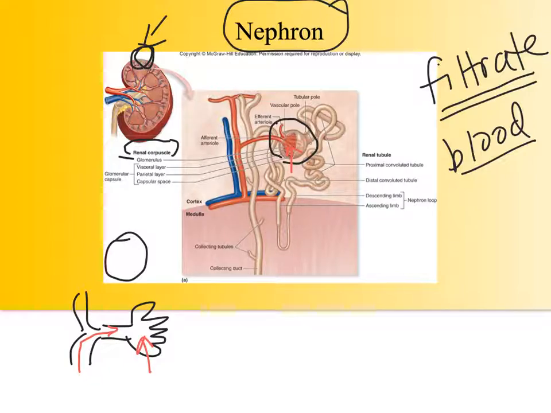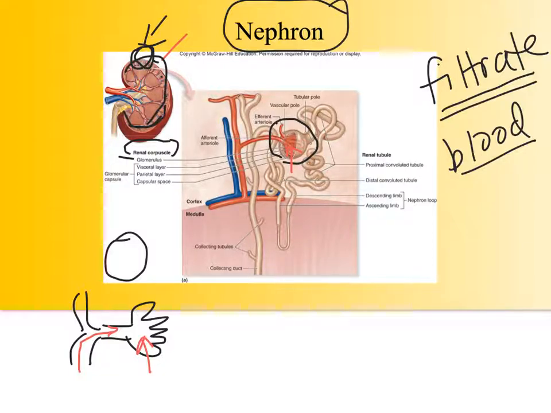It's this tangled up mess of capillaries, and that's where we're going to filter the blood through. There's thousands of these glomeruli all around the edge of the kidney. They're all around here.